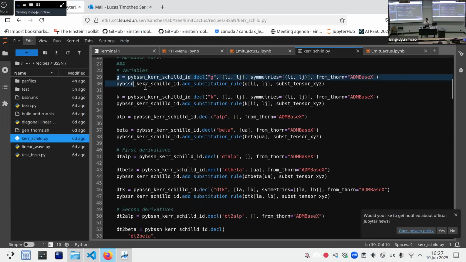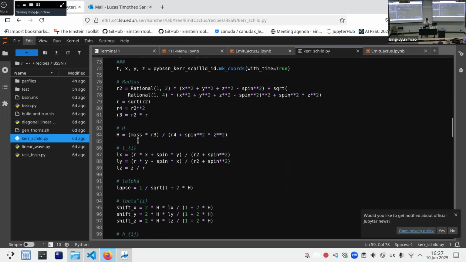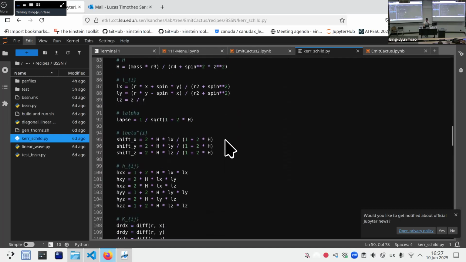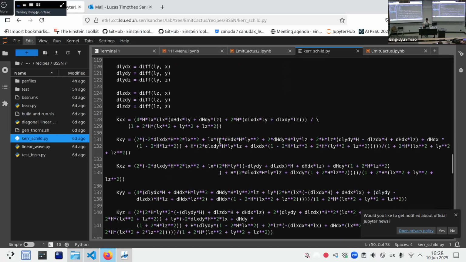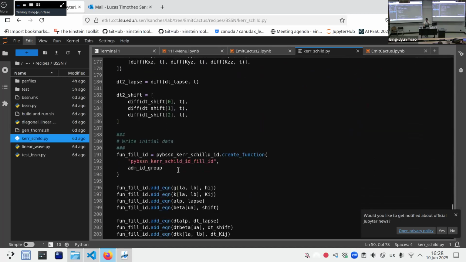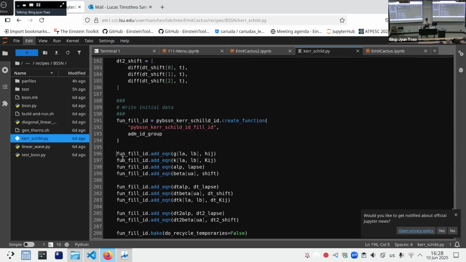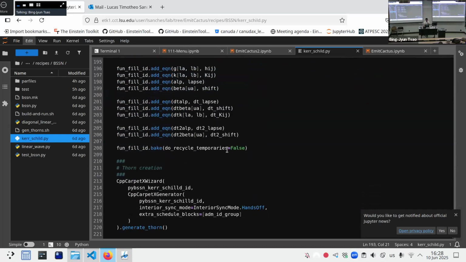Basically, it's the same song and dance: reading the variables, and here I am defining all the quantities that you need for the Kerr-Schild metric in isotropic coordinates, right? And then we just write them back to ADMBaseX at the ADM initial data group. That's as easy as that, right? So you could combine these things and get a more interesting non-flat background wave equation.